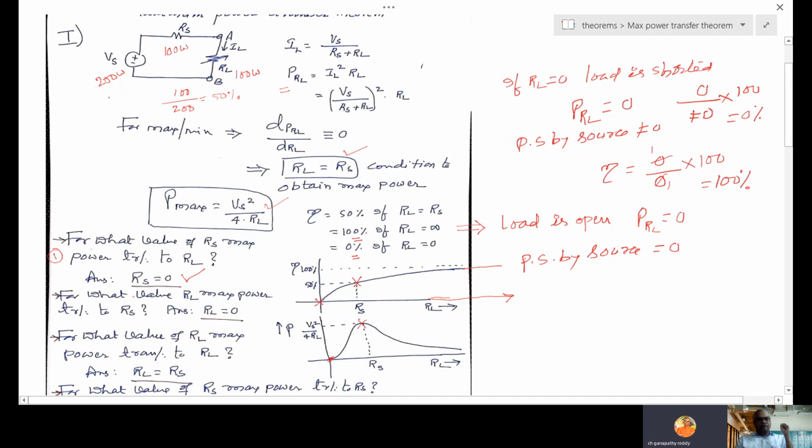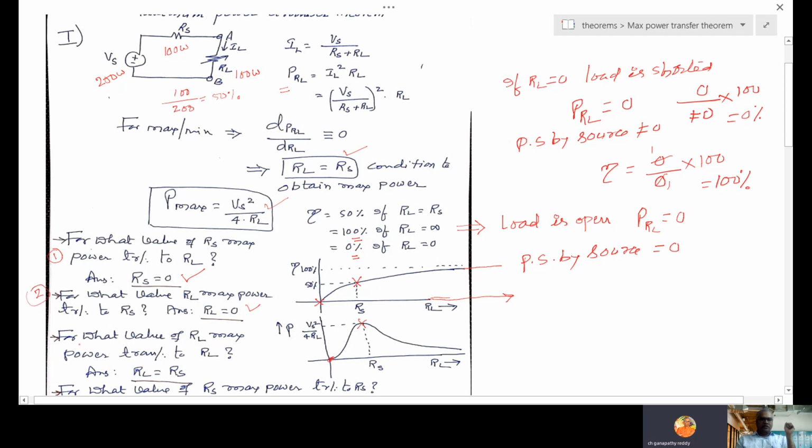Second, for what value of RL, maximum power transfer to RS. What is the answer? RL equal to 0. Obviously, when RL equal to 0, maximum power transfer to RS. When RS equal to 0, maximum power transfer to RL. These are the first two cases.